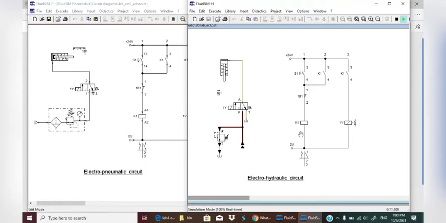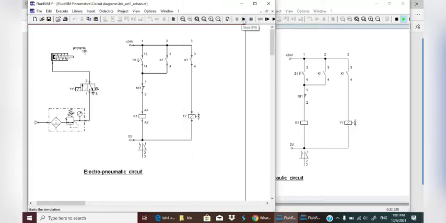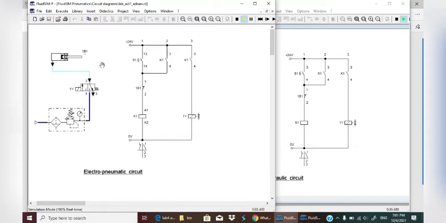After relay K1 is fully energized, both switches K1 will close and it will trigger the valve here. As you can see, when I push the push button, the cylinder will move downward. And for the electro-pneumatic circuit, when I push the push button, the cylinder will move to the right.